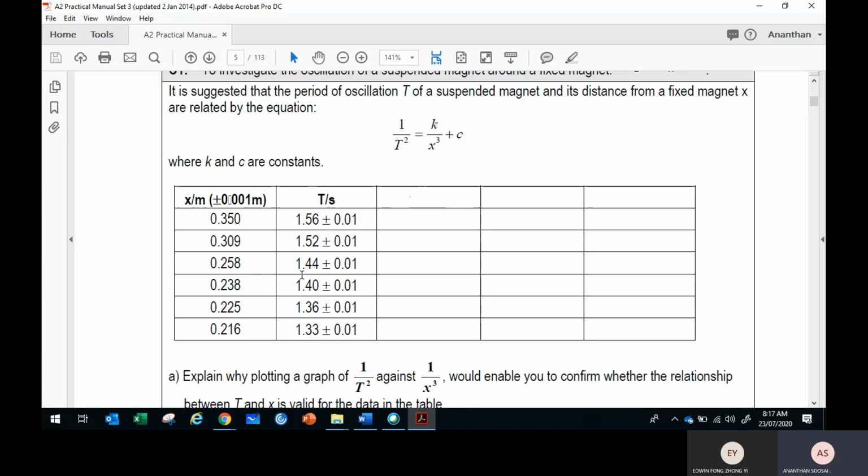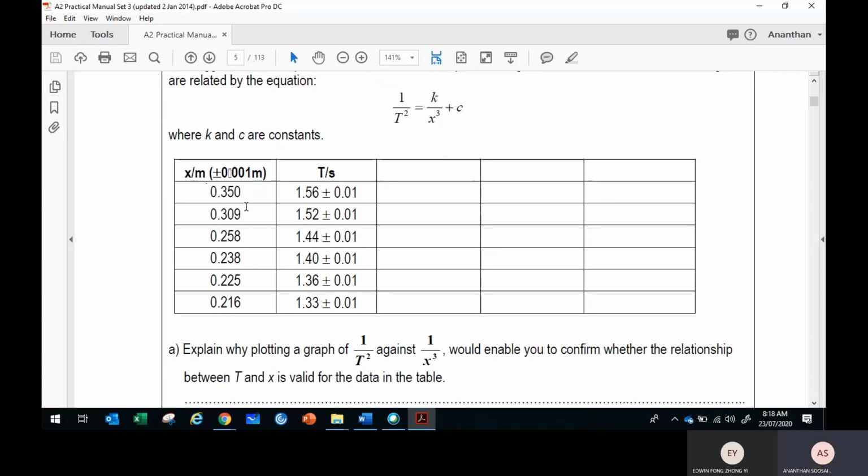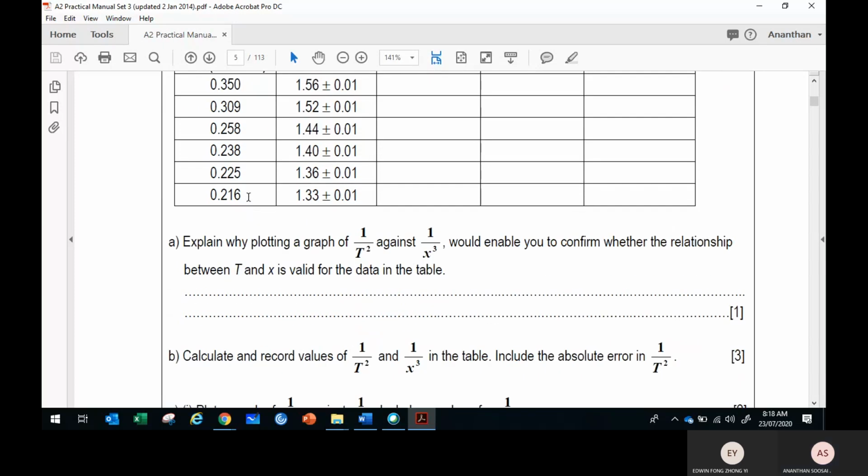So they already did the experiment. The period is found with 0.01 second uncertainty, and x was found with 0.001 meter uncertainty. Now the first question they'll ask is very standard.